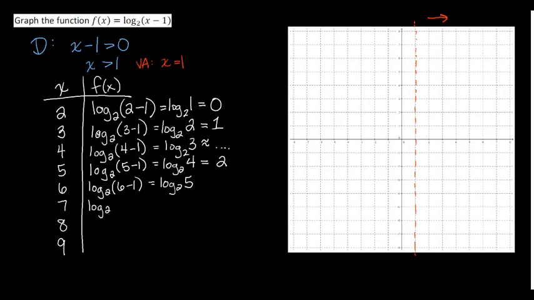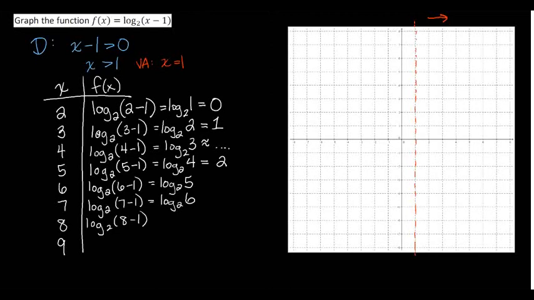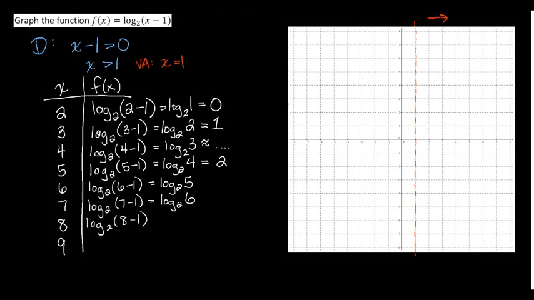Again with 7, we get 7 minus 1, so log base 2 of 6, that's another decimal. 8 gives us the same situation, where we get log base 2 of 7, another decimal.